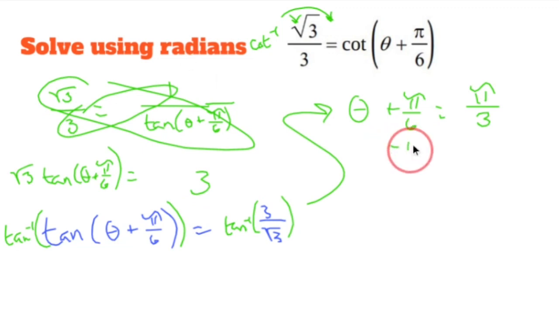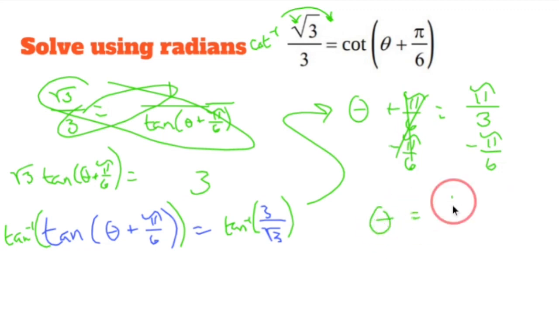Now I have to subtract pi over 6 from both sides. Pi thirds minus pi over 6 is going to be pi over 6, because this could be like 2 pi over 6. So 2 pi minus a pi, it's just a pi. Sounds like Thanksgiving. But in a case like this, I'm solving for all possible thetas.